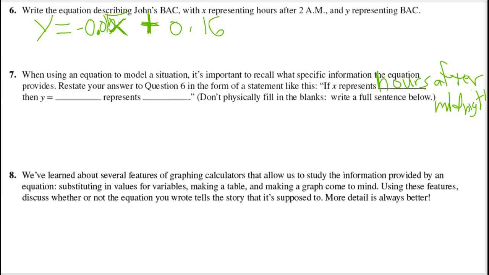My stylus isn't very good. But anyway, if x represents hours after midnight, then y equals, when they say that, they're wanting us to write the equation. So negative 0.015x plus 0.16 represents the blood alcohol content. And you notice they tell us not to physically fill in the blanks, but as I say, trying to save time. So go on to question 8 and restart the video once you've done question 8.